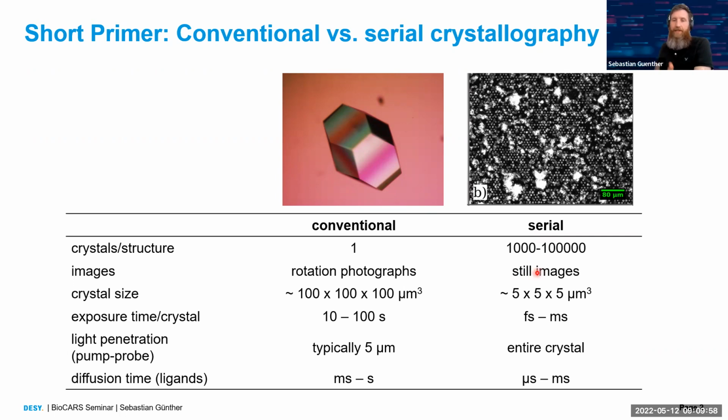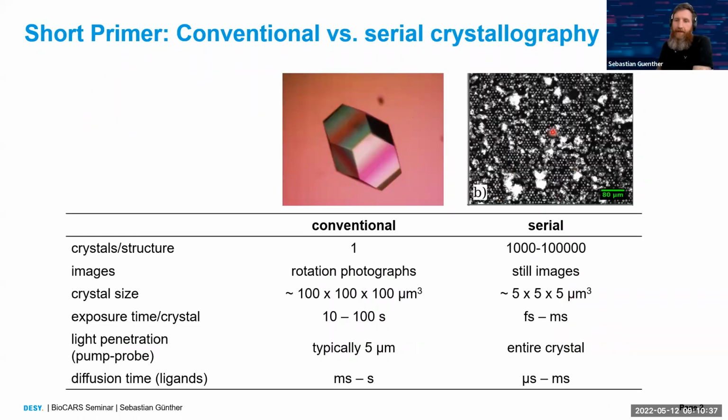That means for each image, you have a new crystal. Crystal sizes are much smaller than 10 micrometers, maybe on average 5 by 5 by 5 cubic micrometers. Exposure times per individual crystal can be from femtoseconds at XFELs up to milliseconds at synchrotron sources. And due to the much smaller size of the crystals, you usually have homogeneous light penetration, and also the diffusion times are much faster.